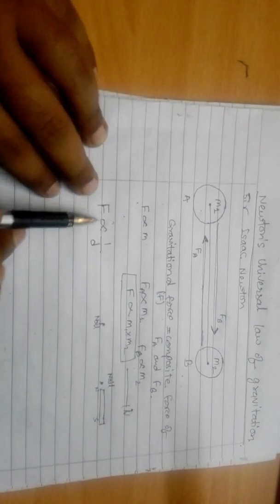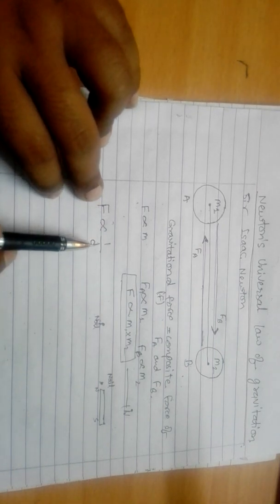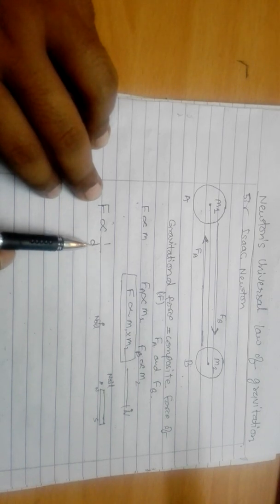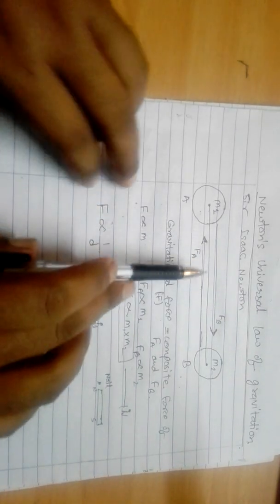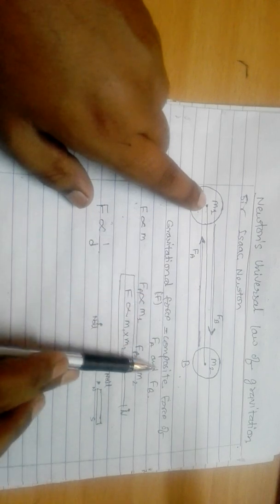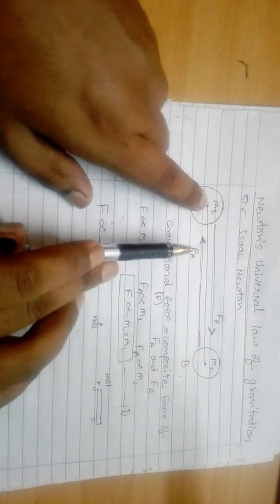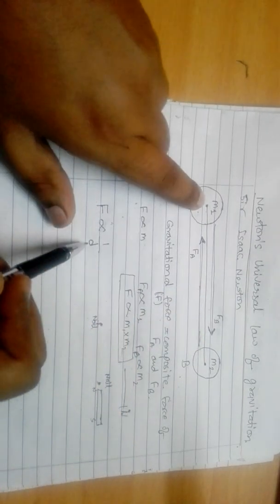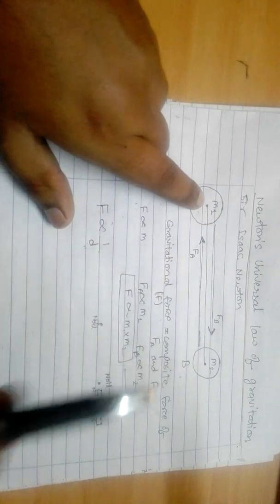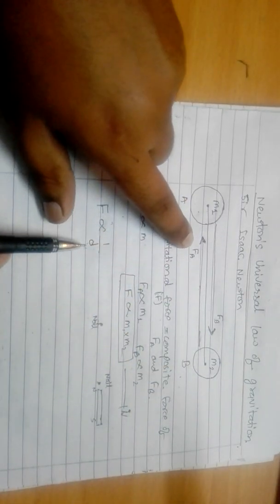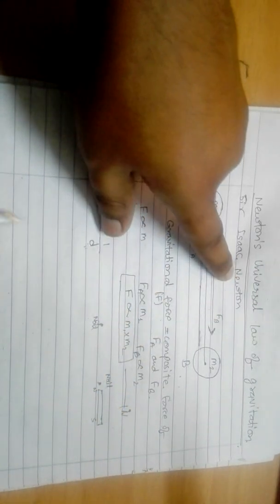Now let me tell you again, force has an inverse relation to a squared function. That means the gravitational force between A and B, as I said, is the composite force of Fa and Fb. The force between A and B is inversely proportional to distance, but it should be squared, because Fa is also affected by distance and Fb is also affected by distance.